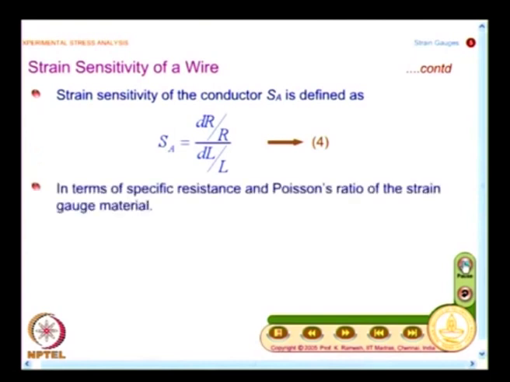So, you define what is known as strain sensitivity of the conductor, S_A. You note the way it is written, S suffix capital A, and we define S_A as the ratio of dR by R divided by dL by L. So, if I am going to have a strain and S_A is around 2, you are going to measure changes in resistance of the order of micro ohms.